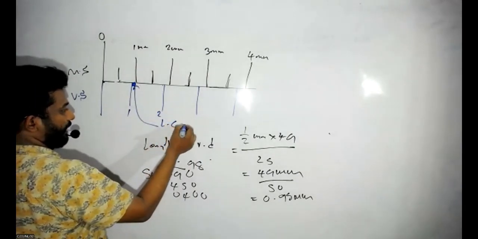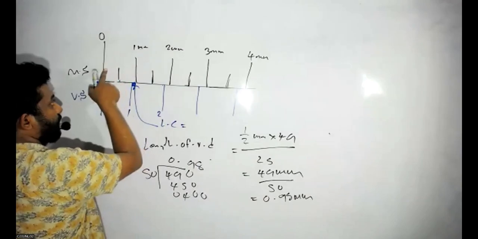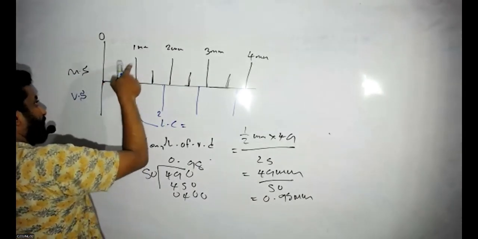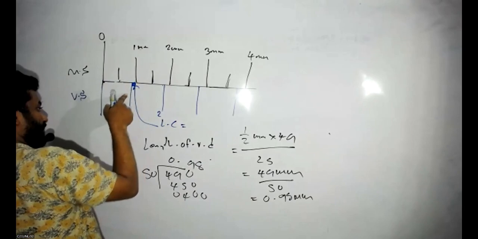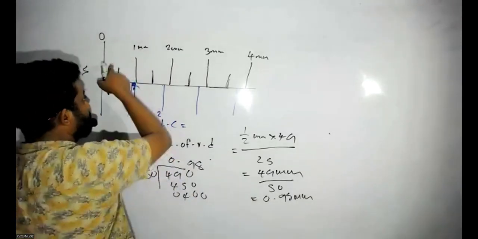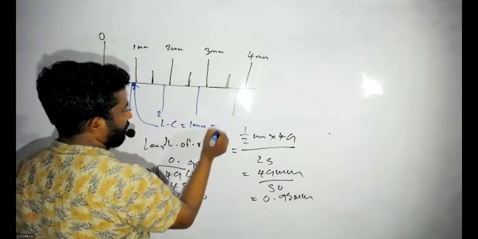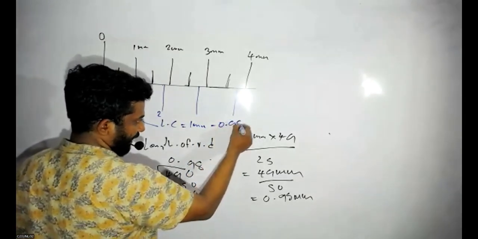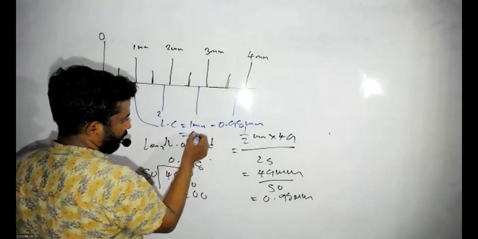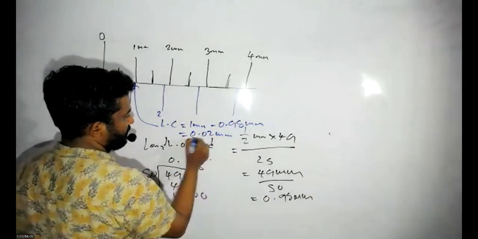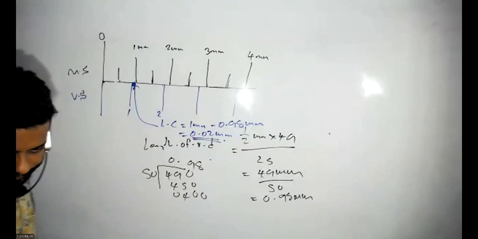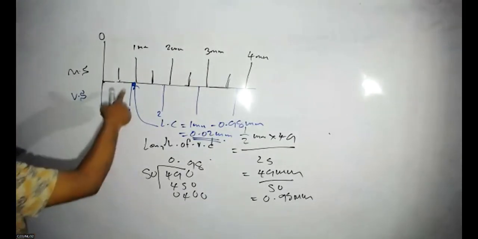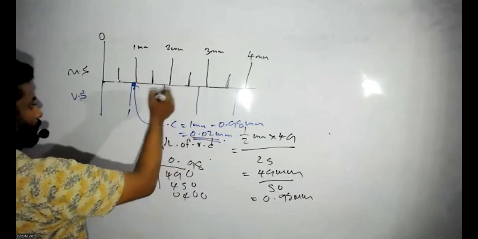The least count of the scale is equal to the gap between the adjacent main scale division and the vernier division. This one is 1 millimeter minus 0.98 millimeter. That is 0.02 millimeter. This one is the least count of the scale. Right, Pute? Then the first gap is 0.02 millimeter.